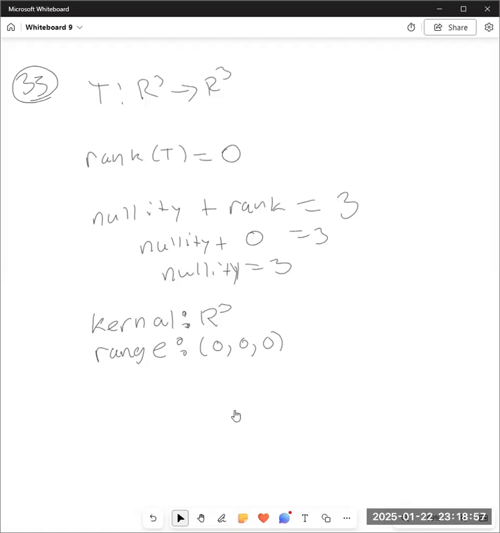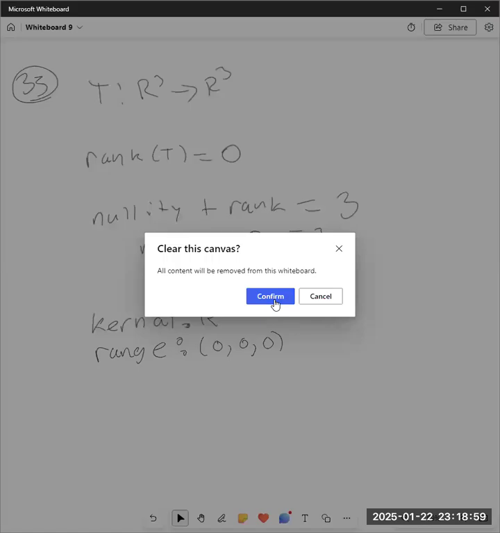Let's look at number 39. T is the projection onto the vector v equals (1, 2, 2).